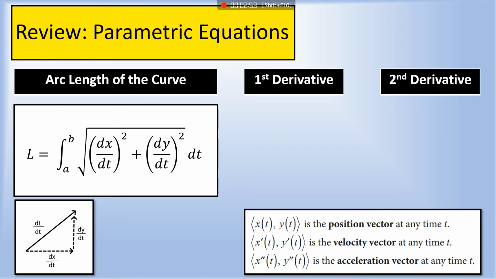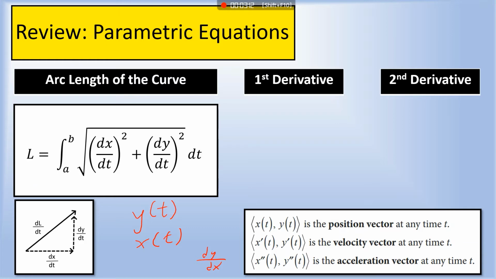Okay, so again, if I've got a y of t and an x of t, how could I find dy over dx? So you integrate both. No, you differentiate both sides.